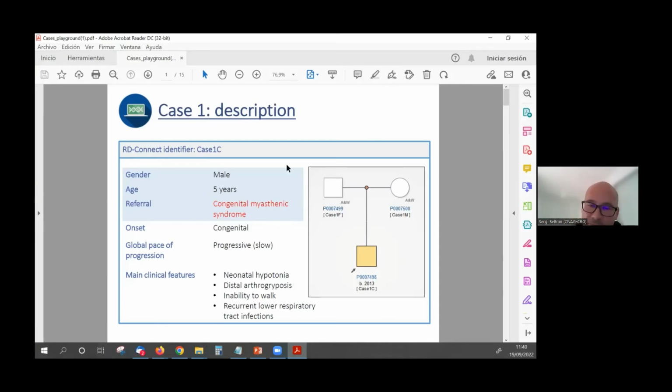Here on the right side, we have the drawing of the pedigree. We have the father, case 1F, and the mother, case 1M, and then the son, who is male and affected, in yellow, which is case 1C. You can see that none of the parents are affected, only the child is, and there is no consanguinity.